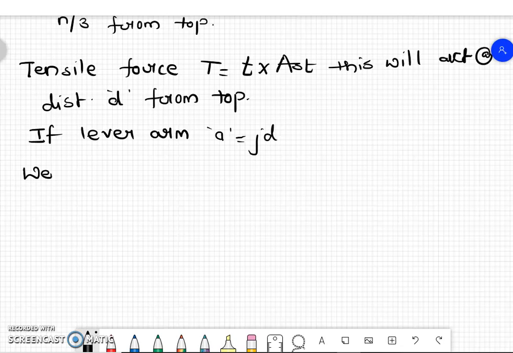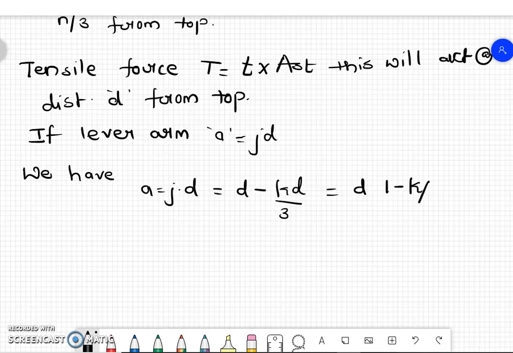We can write this as A is equal to J times D, which is equal to D minus KD by 3. So this equation can be written as D into 1 minus K by 3.